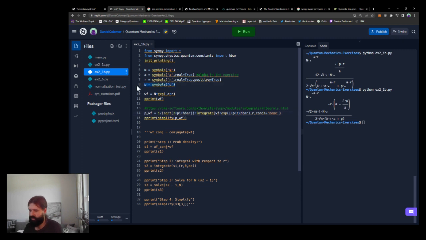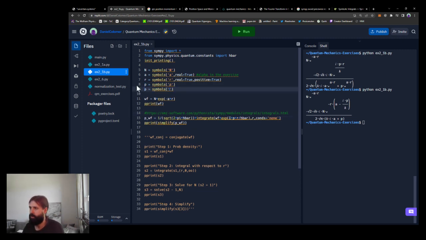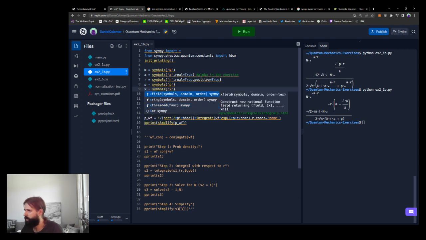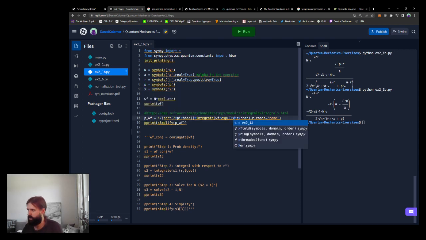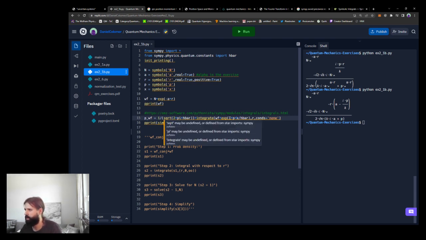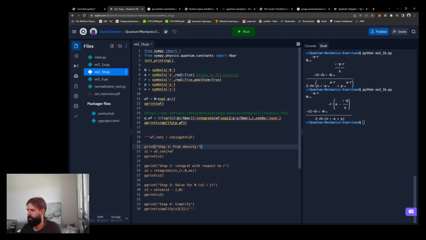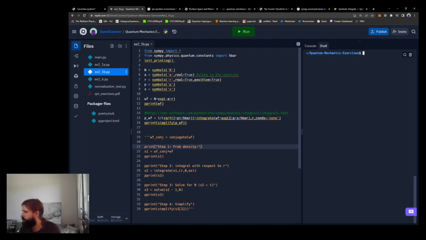So we have another symbol which is X, and then this is basically IPX, and R is already in here, right? So if you do that, then you get these here.